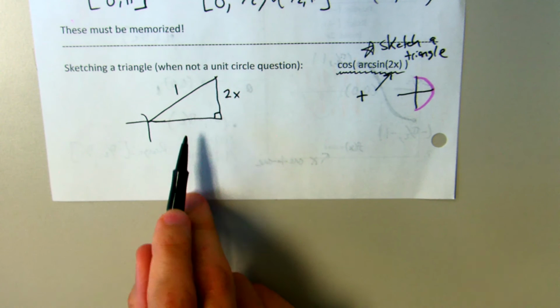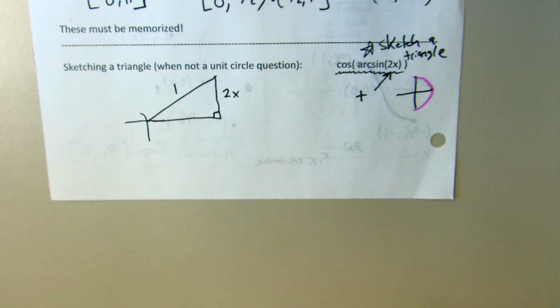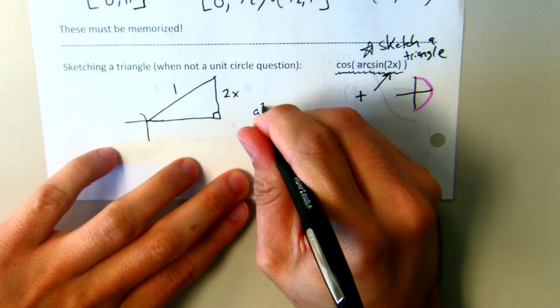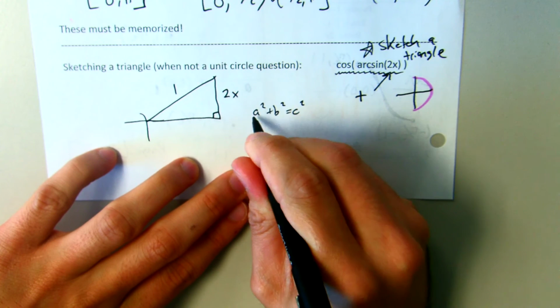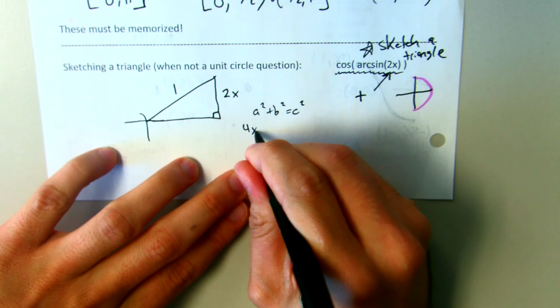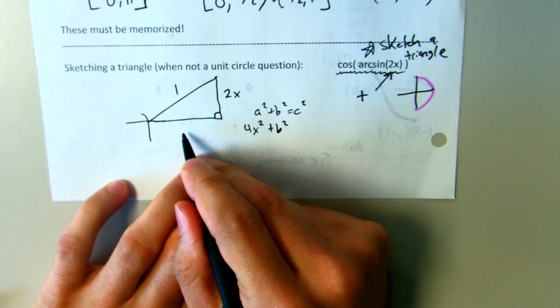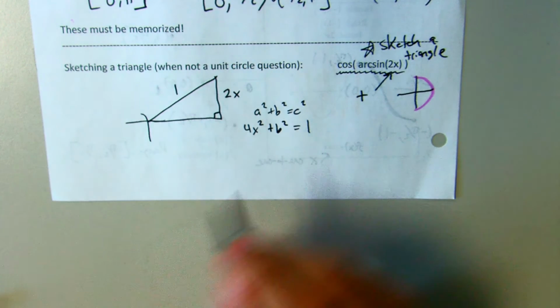How do we normally find the third side of the triangle? Pythagorean theorem. So just because they're not numbers doesn't mean that Pythagorean theorem doesn't still work here. Okay, so one leg is 2x. So 2x times 2x would be 4x squared. I don't know this leg. And then 1 times 1 is 1.